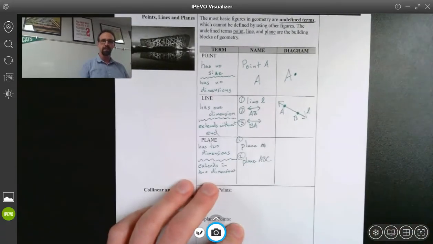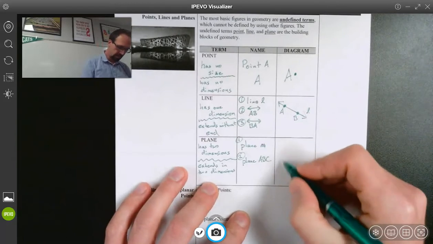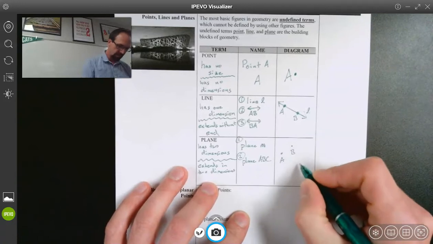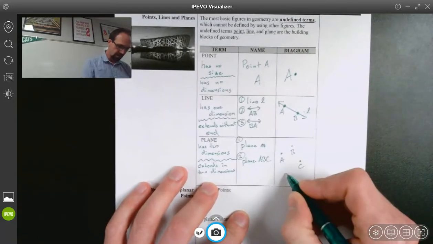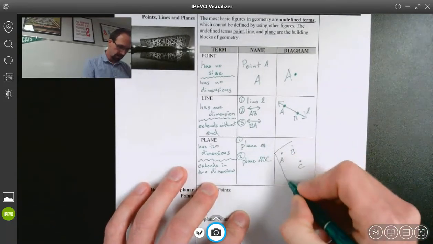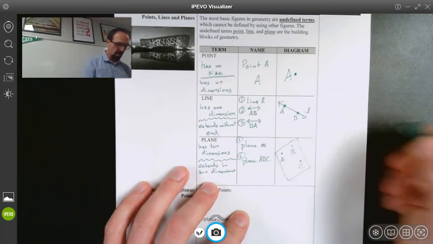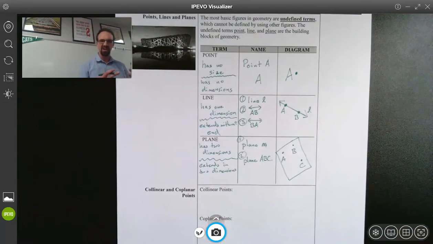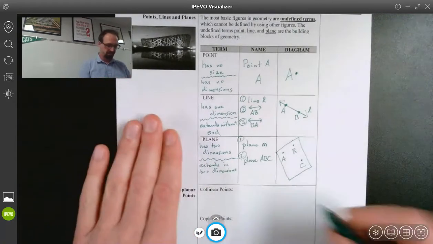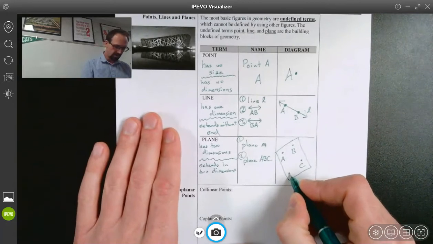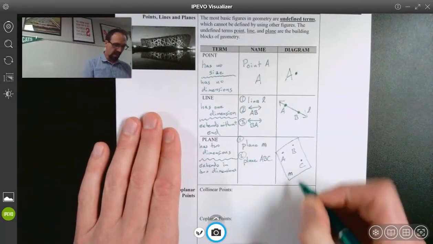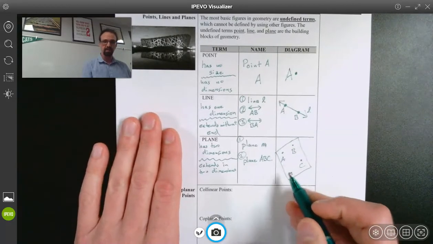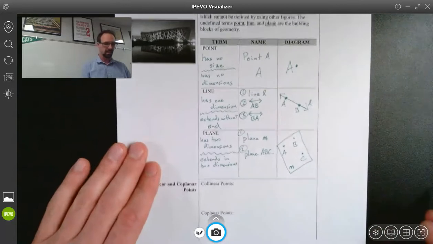If I have just a plane, there's A, there's B, there's C. Now remember, it continues on forever in both directions, but we're using this as a generic model for it. And then there's my M. Notice that M is lowercase. All of these other points are uppercase. M is lowercase, and M does not have a point next to it to notate that.